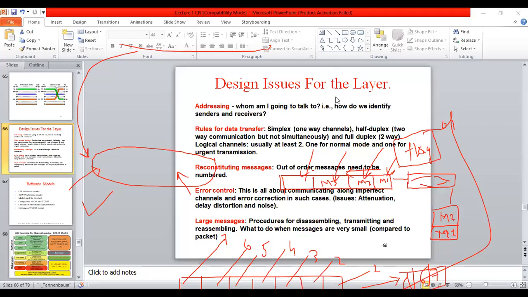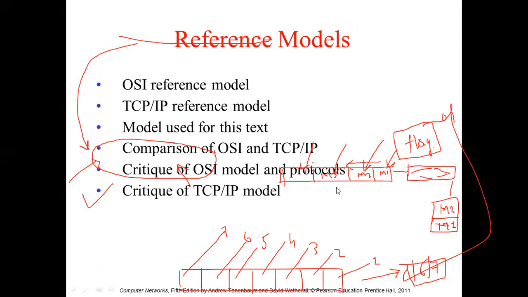Okay, so we will start with the next slide, which talks about the models, right? This transmission of a message from one client to the server, or from one sender to the receiver, requires some model or method, and we have understood the layer method, right?